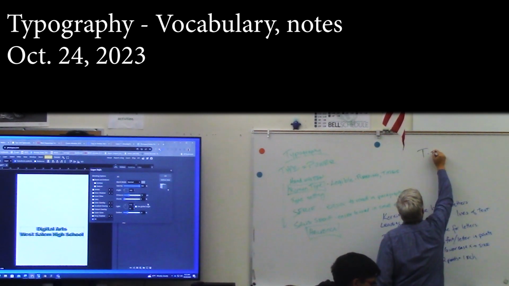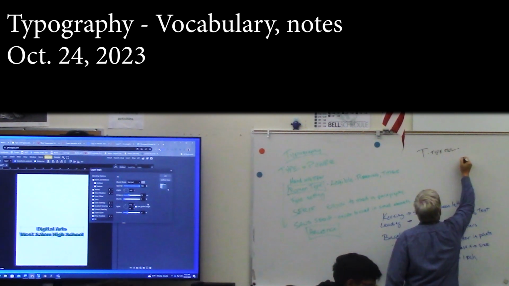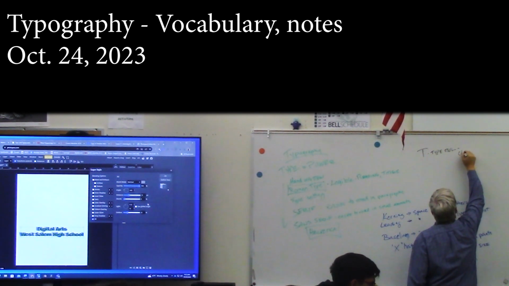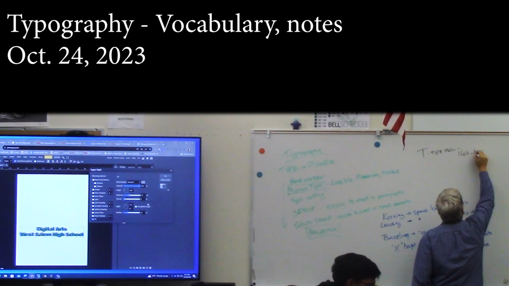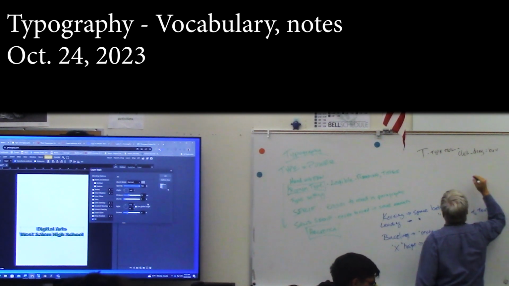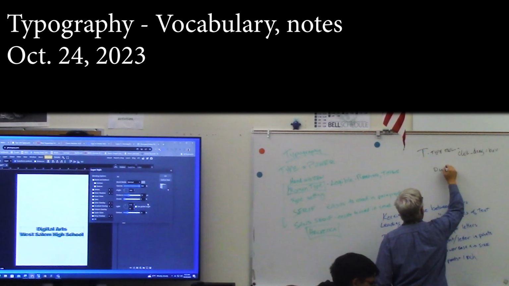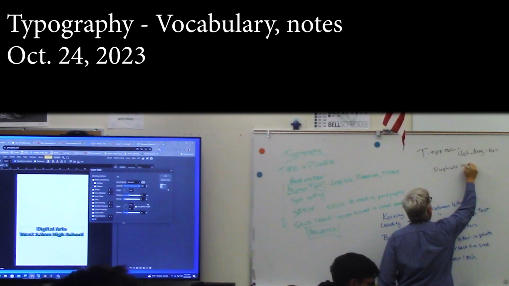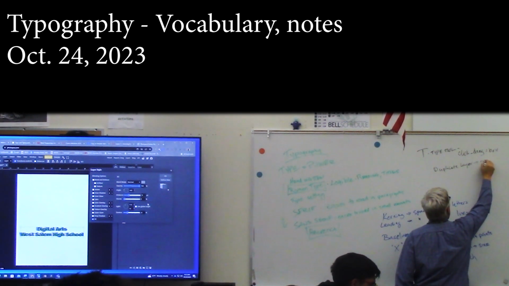Capital T, type tool. Click and drag to make a text box. And then you also always want to duplicate the layer when you're doing a new design.